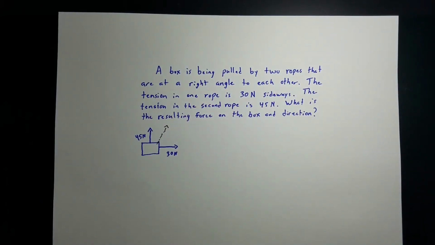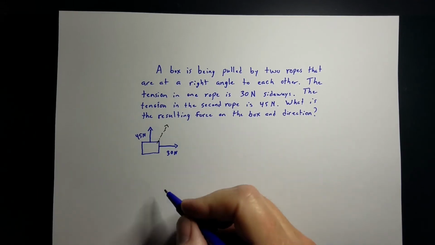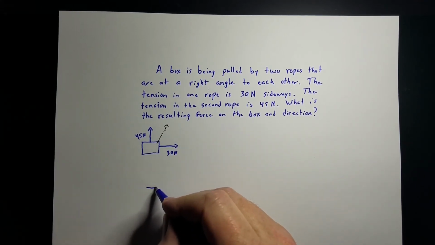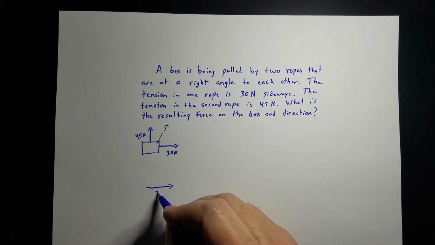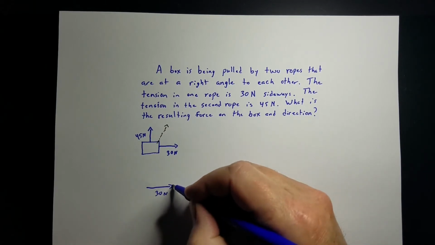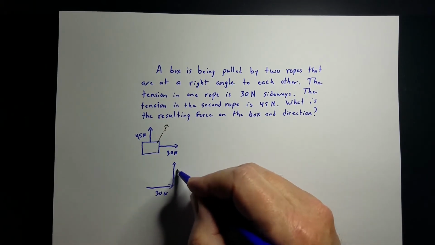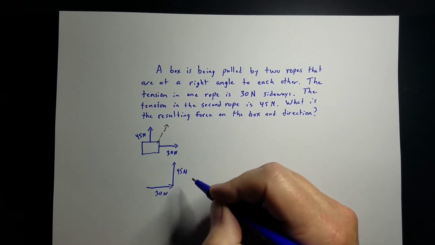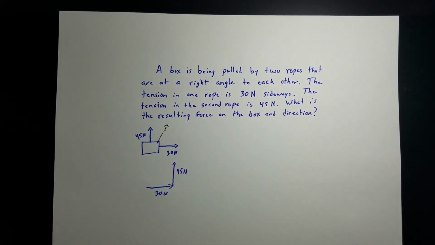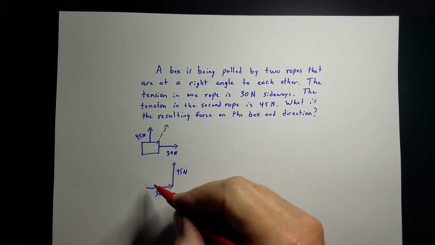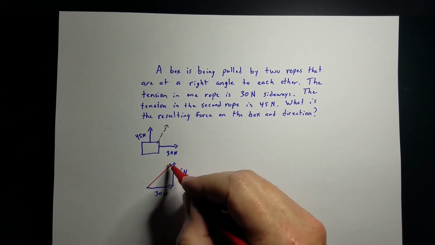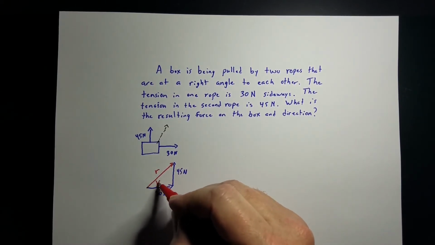So what we can do is redraw that picture as a vector diagram. Again, I like to do the horizontal one first, 30 newtons, and then the vertical one, 45 newtons. And we want the resultant, which goes from the first one to the last one, r and theta.